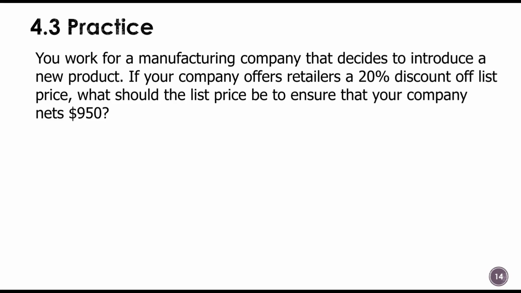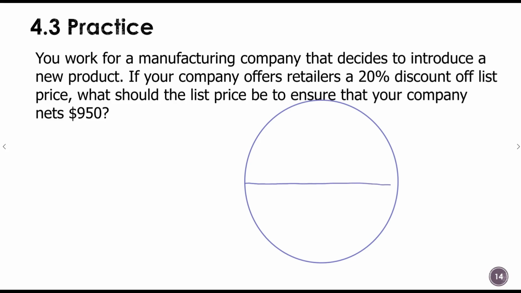So I'm going to set this up in the circle this time. Let's see if I can make a circle here. And then I'll put a line here and here, right? So portion, base, and rate. Okay, so my portion is actually the 950, right? Because you want the list price to ensure that your company nets 950.